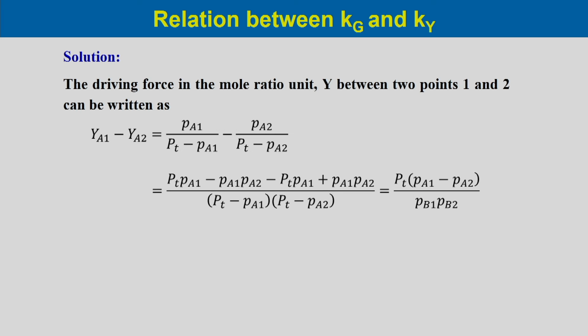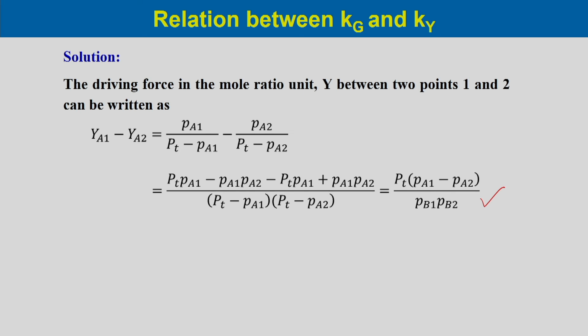Now, if we just solve it, then we will get Pt Pa1 minus Pa1 Pa2 minus Pt Pa2 plus Pa1 Pa2 divided by Pt minus Pa1 into Pt minus Pa2, which would be equal to Pt Pa1 minus Pa2 by Pb1 into Pb2. So, this we will obtain.